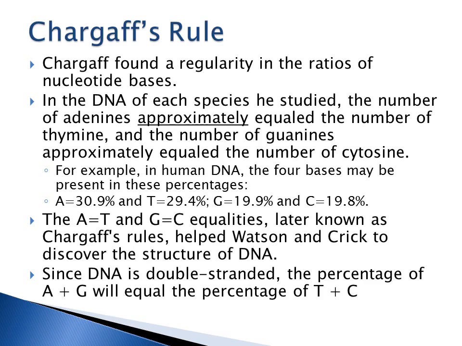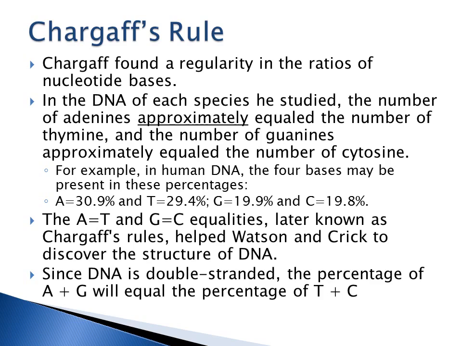So, as an example, in human DNA, you might find that in a certain gene, your A is 30.9 percent, your T is 29.4, your G 19.9, and C 19.8. So they're not absolutely exact, but they're very similar.